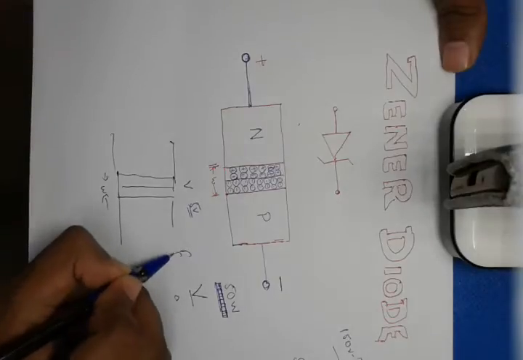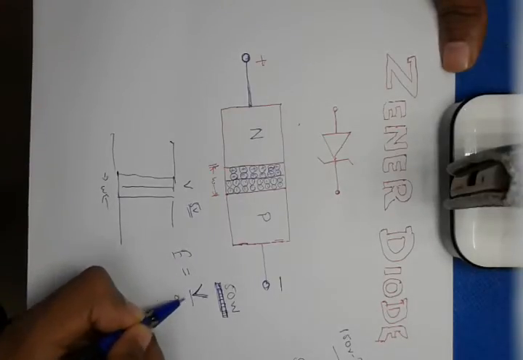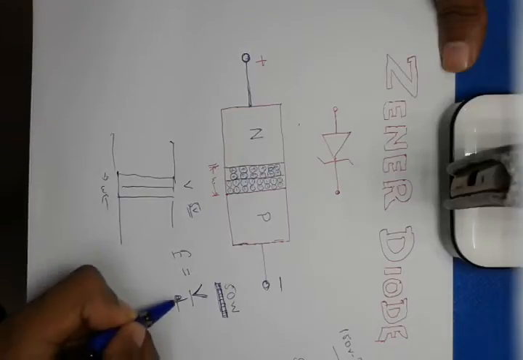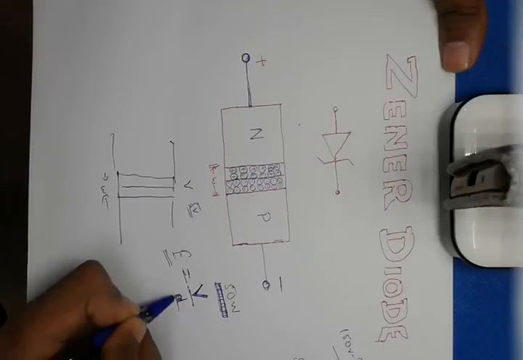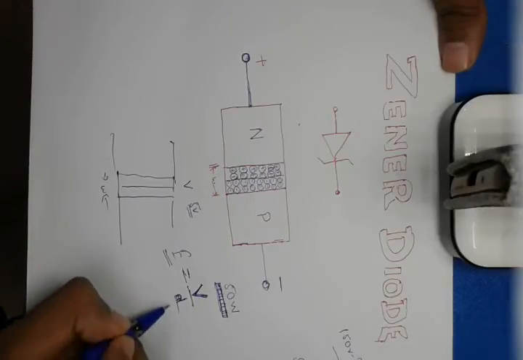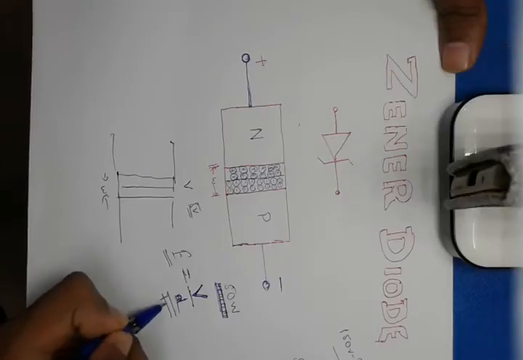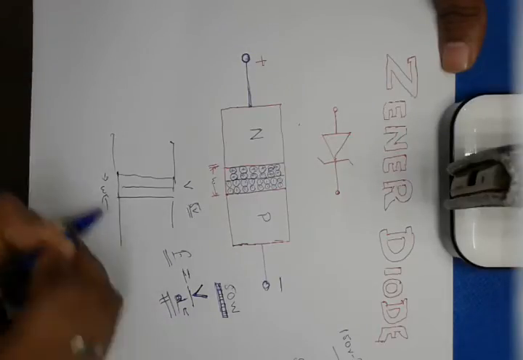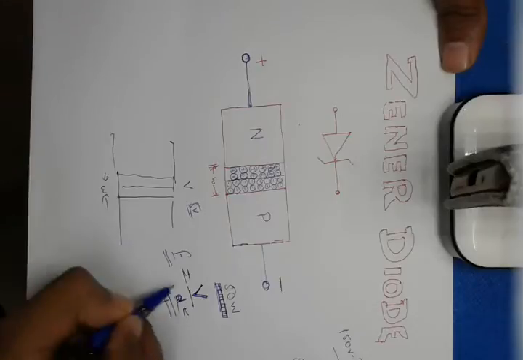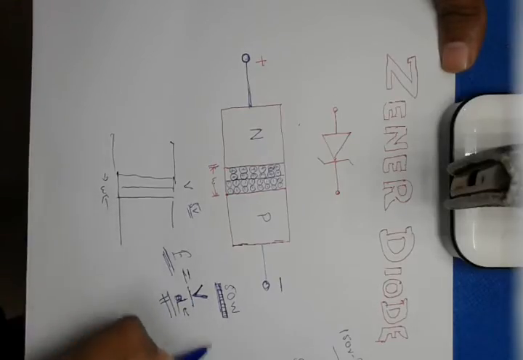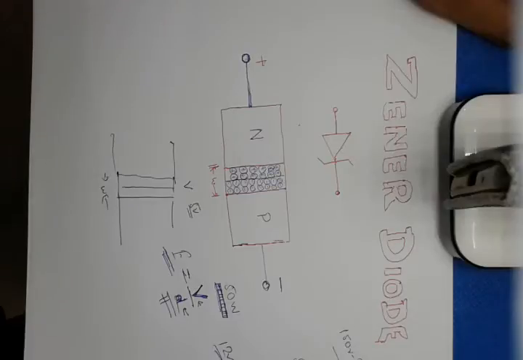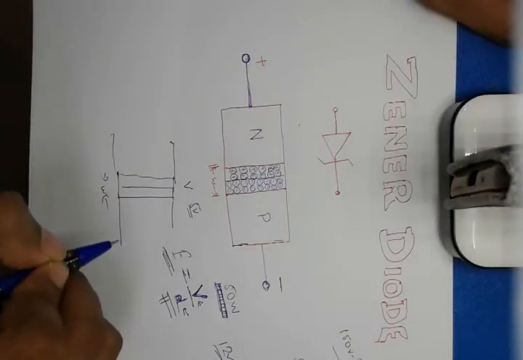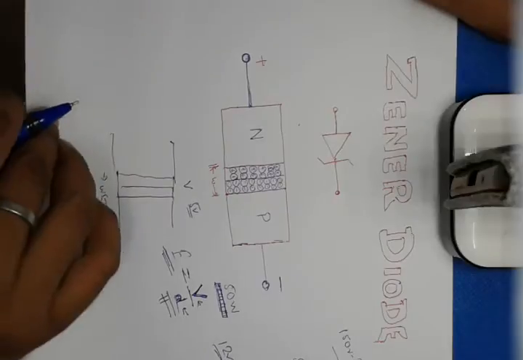As we know, E equals V by d, the electric field intensity is the voltage per unit length. So with small d or small w, we can have a high value of E even at a low voltage V, such as 12 volts. That causes it to break down early, which is useful to us.